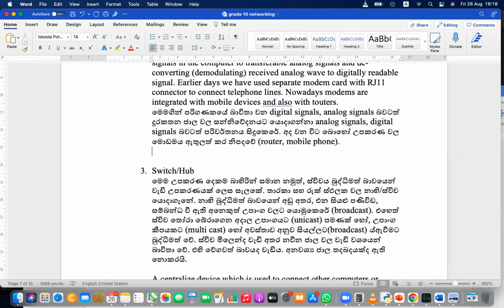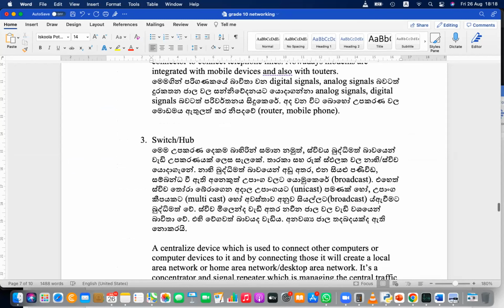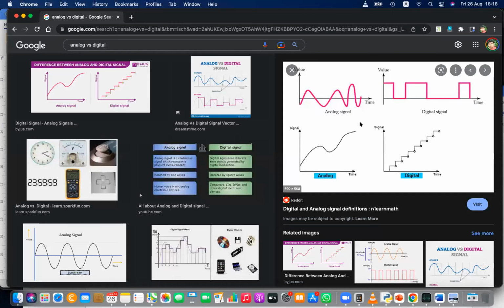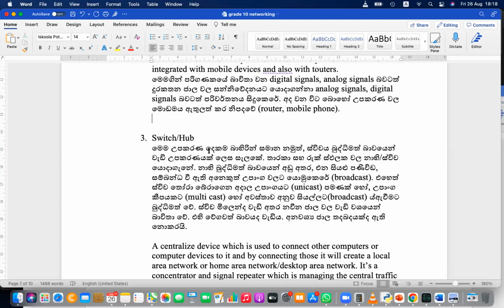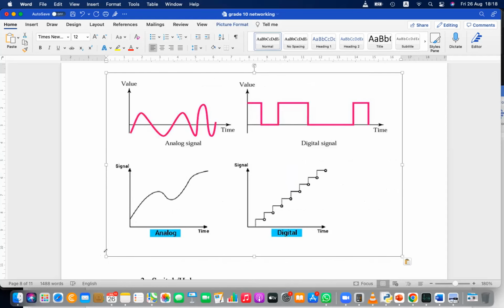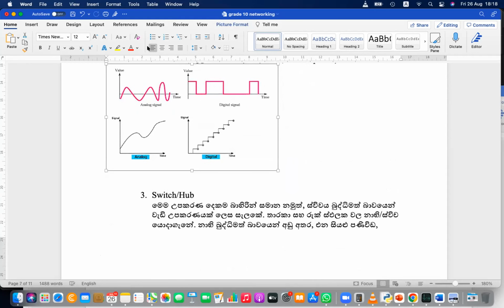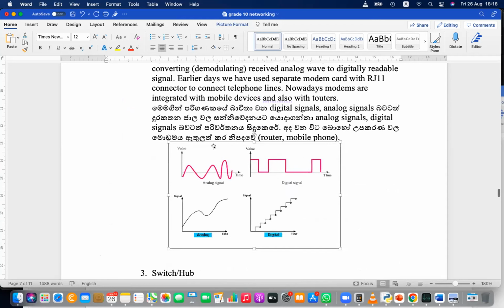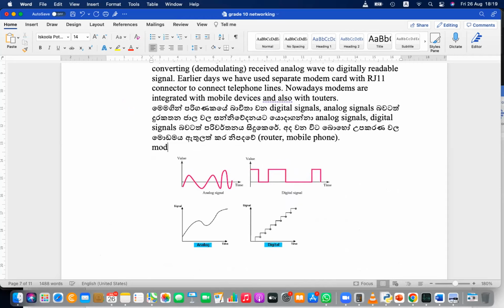Modem, yes, we discussed. Digital to analog, analog to digital conversion is done. So you can add that image to the notes. Better if you add this image to the notes and explain that the modem does demodulation and modulation. Just add this image, it's very important. Modulation means this left to right, and right to left is demodulation. Modulation happens this way.